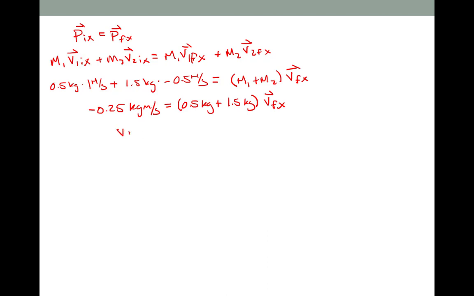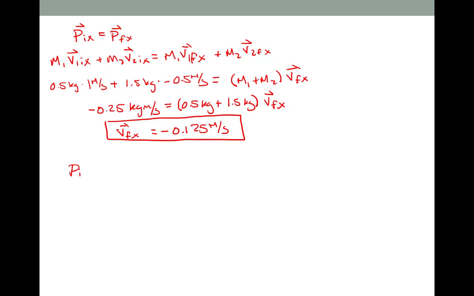And I find that v final x equals negative 0.125 meters per second.